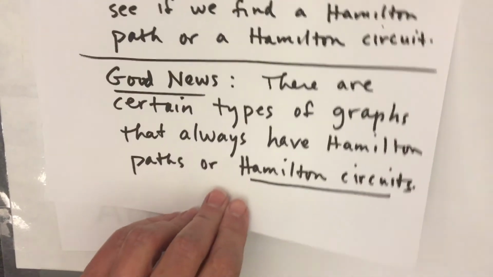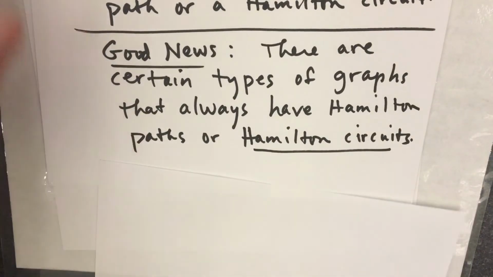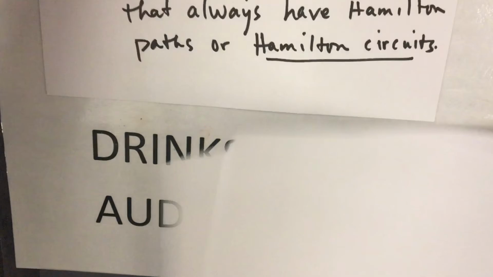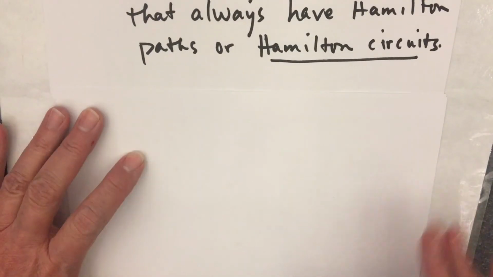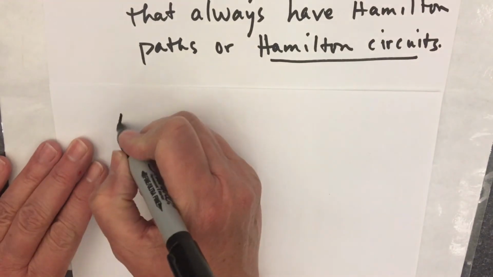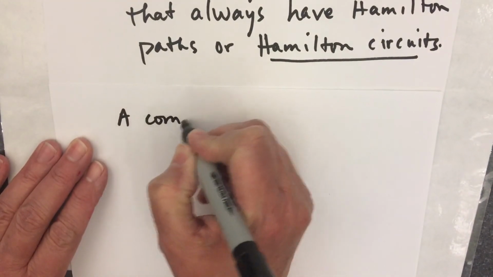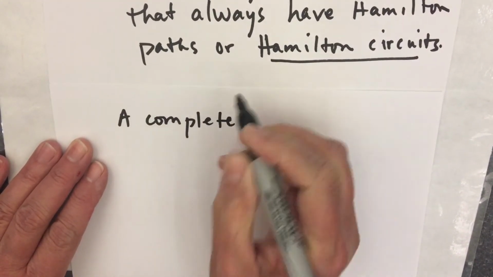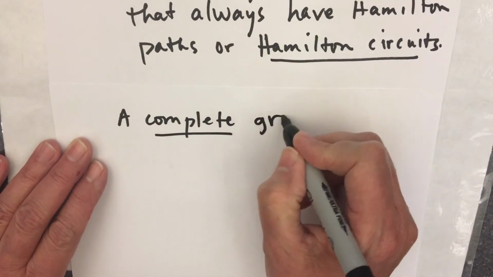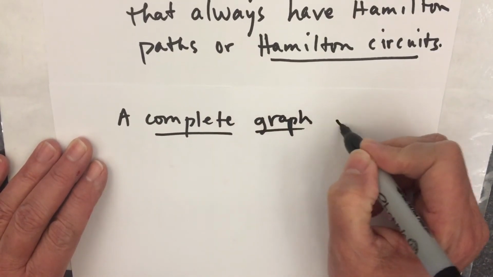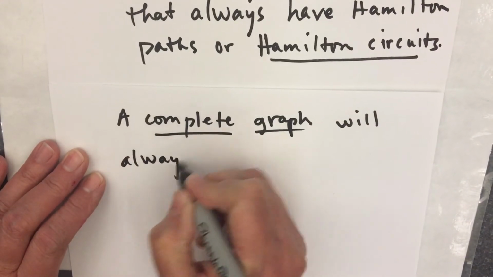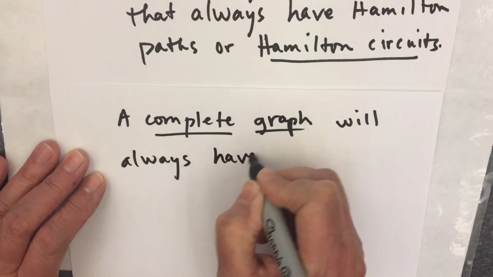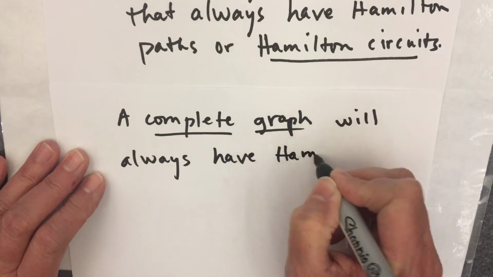A complete graph will always have Hamilton circuits.